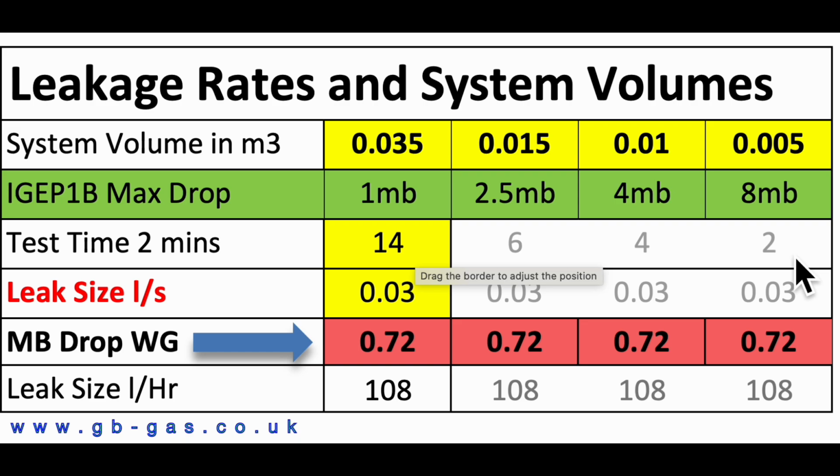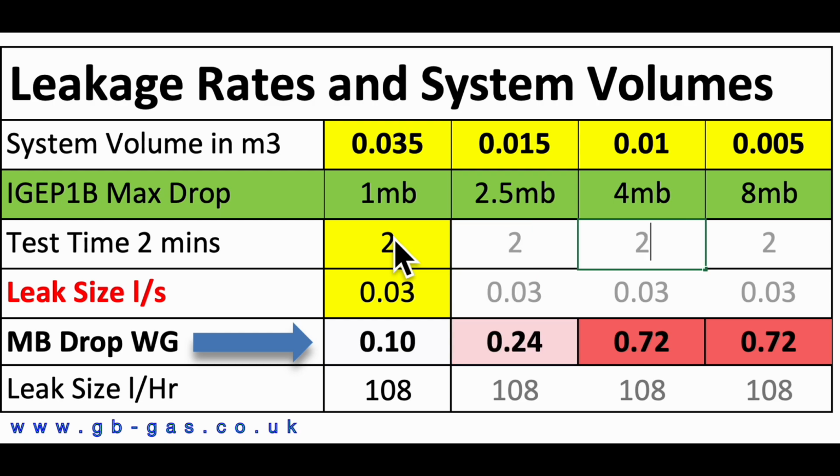So IGEM have simplified this by simply putting in the information to say that if we do all our tightness tests in the 2 minute periods, then my allowances will be larger for the 8 millibar for a small system, 4 millibar for a slightly larger system, and so on and so forth.